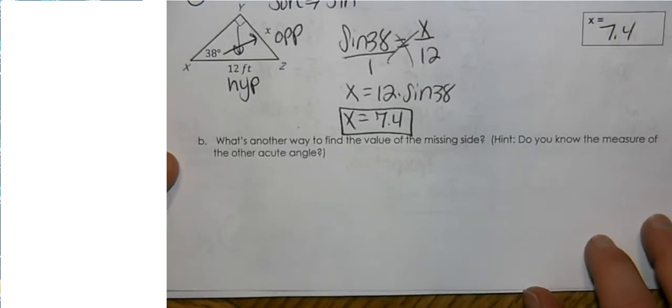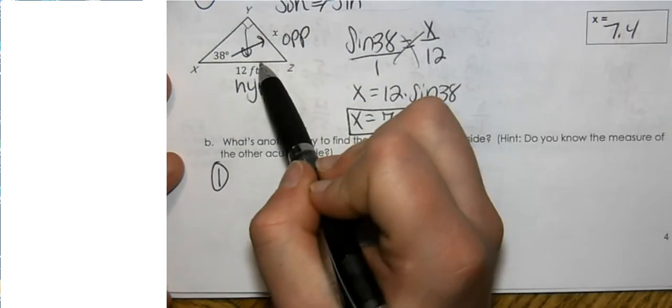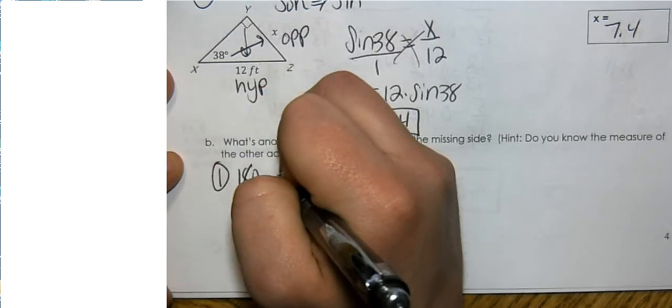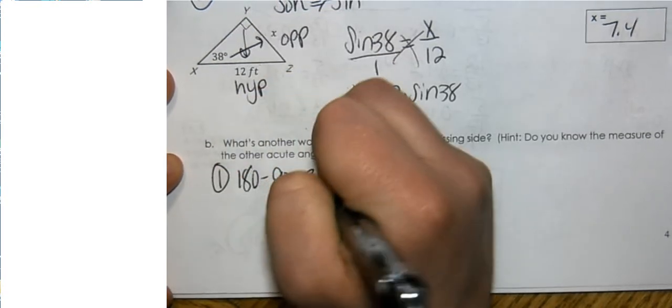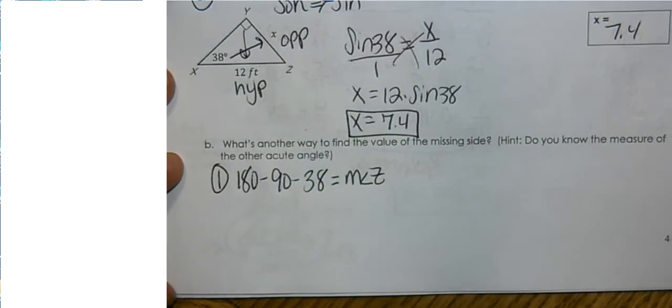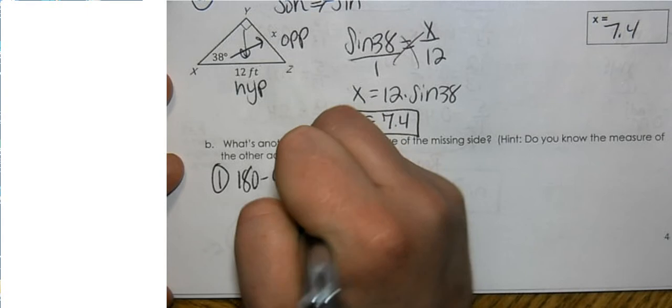Well, yeah. We could use the fact that all of the angles add up to 180 degrees. So I can go 180 minus 90 minus 38, which gives me the measure of angle Z, our remaining angle. And 180 minus 90 minus 38 is equal to 52 degrees.